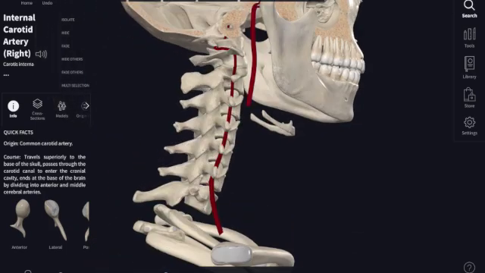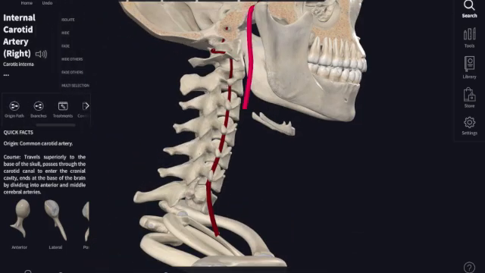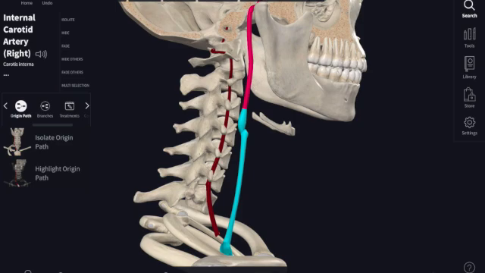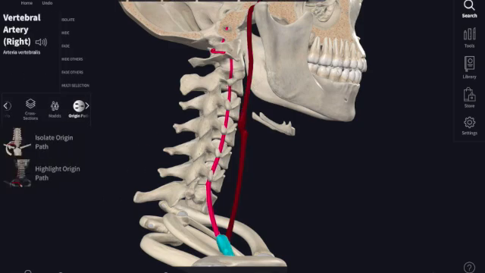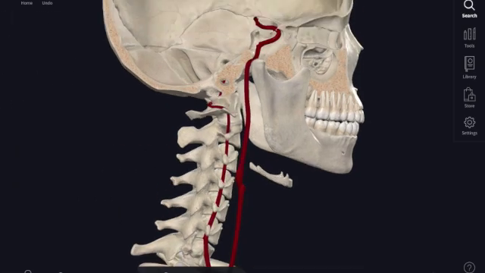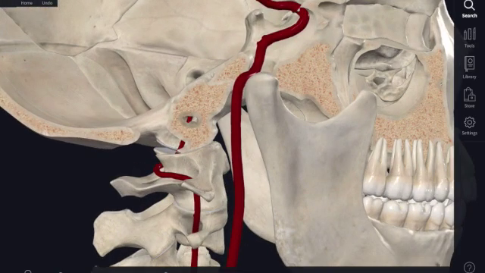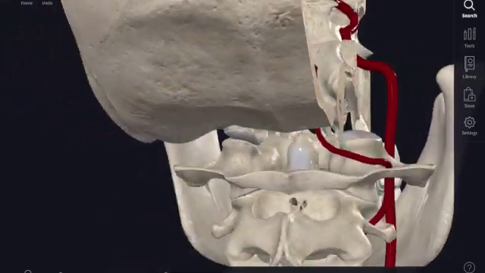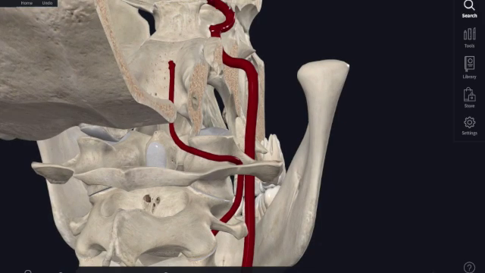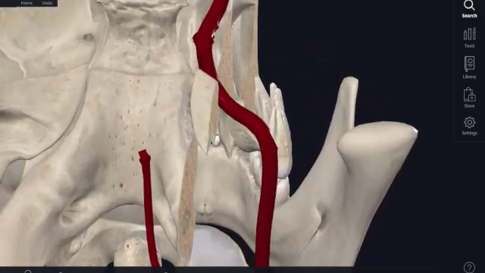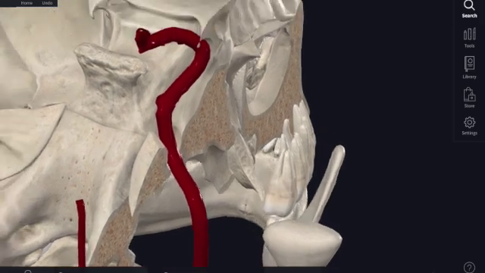So looking at it from this side. There we go. External carotid. We'll go through that carotid canal. Comes up right by that sella turcica.